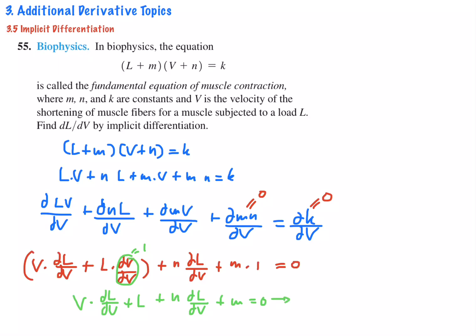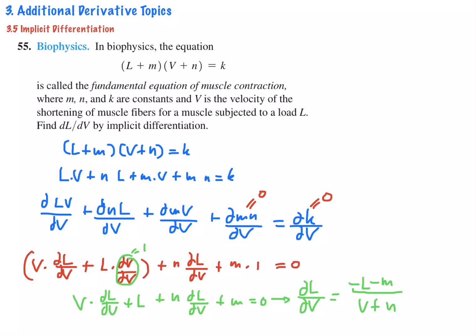If we want to isolate dL over dV, we need to subtract L and m on both sides, and then divide by V plus n. And we got our equation for this one.